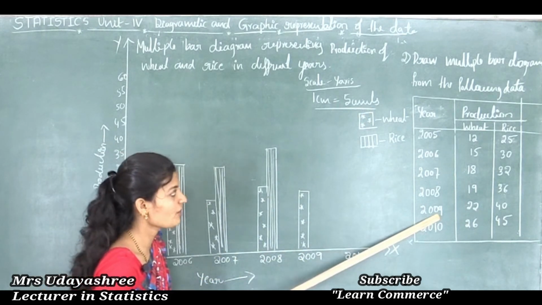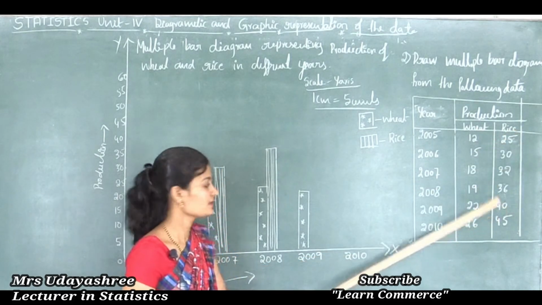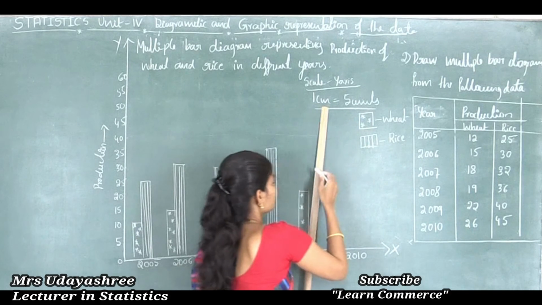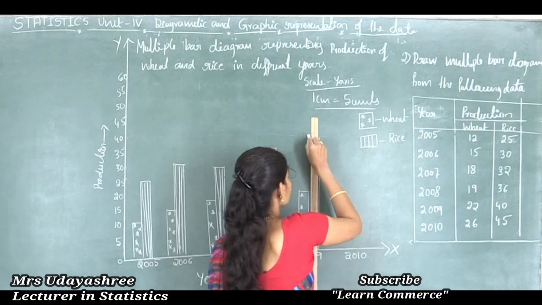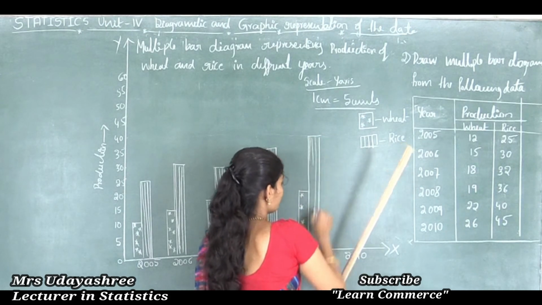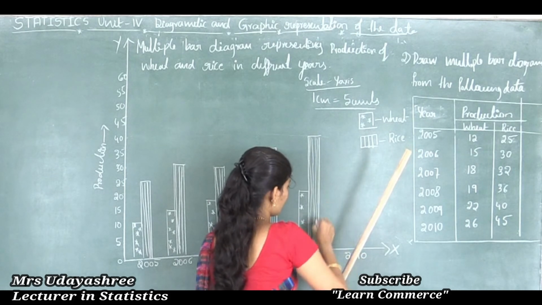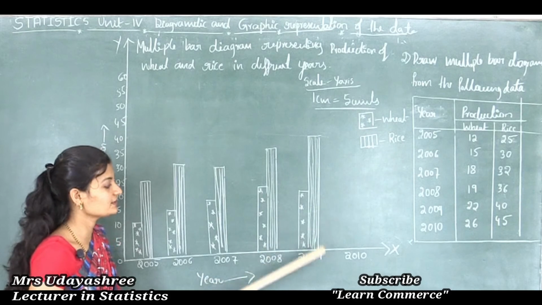Next, in the year 2009, the production of rice was 40 ton. So 40 is here, the bar comes here, and this is for rice production. This bar indicates the production of rice in the year 2009.